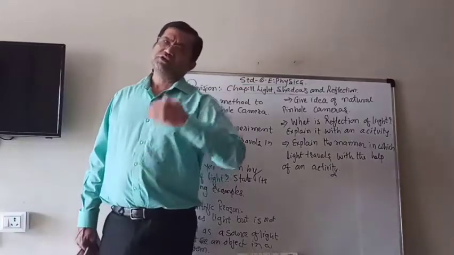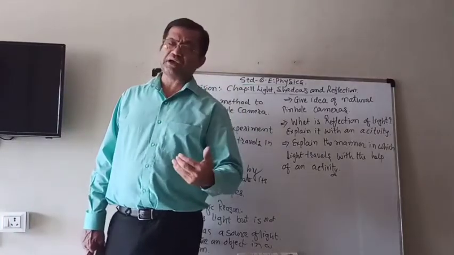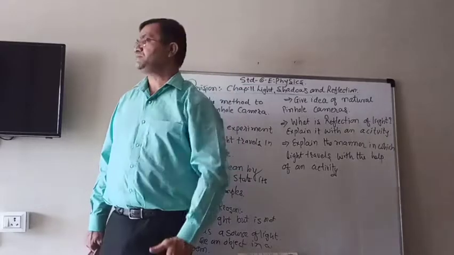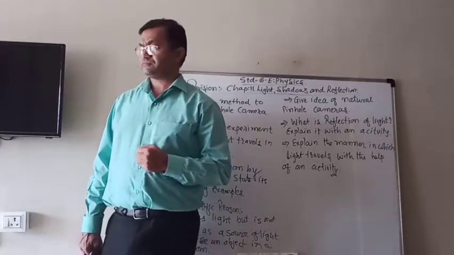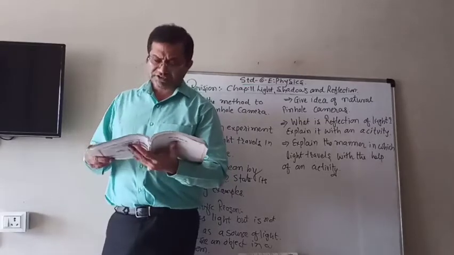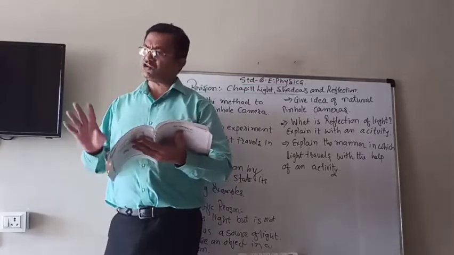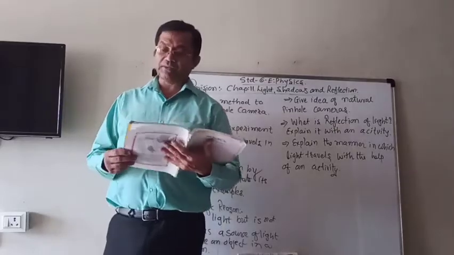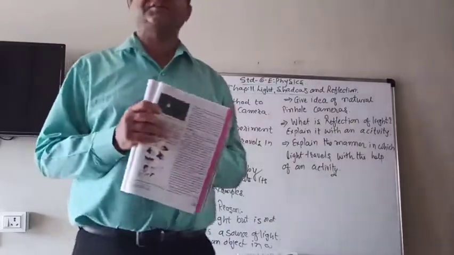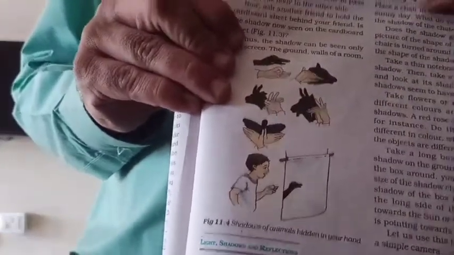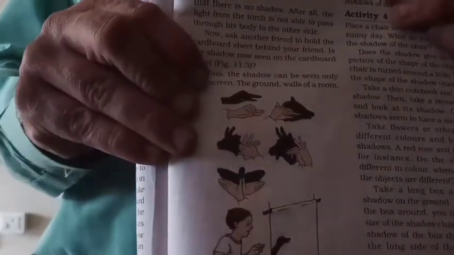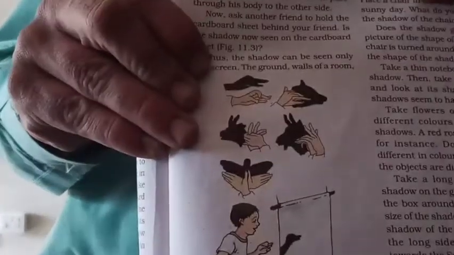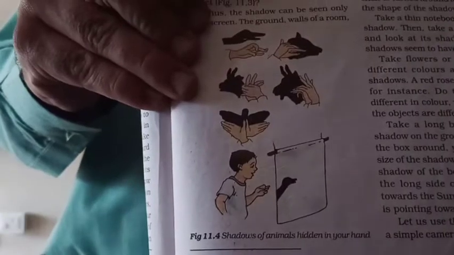And you can stand between the candle and the wall. With the help of your hands, as you see in the figure on page number 109, by folding them like this, you can create the shadow on the wall.